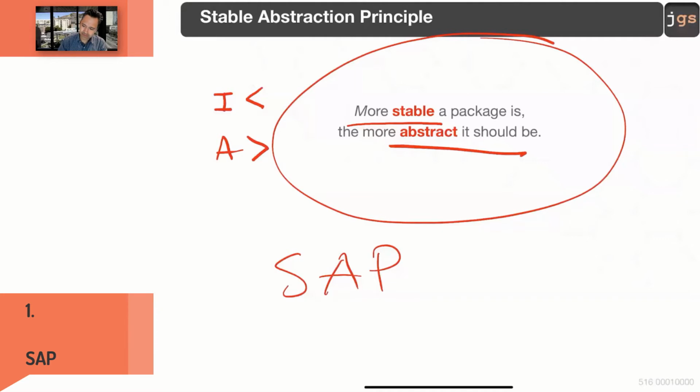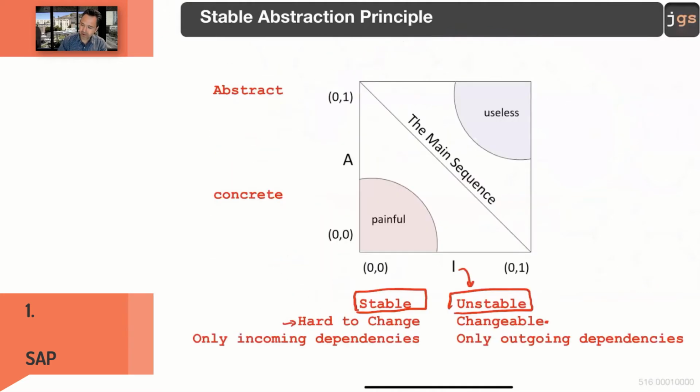Why? Because we want to be on this line. If you have a 1 here, stability should be 0. If you have a 0, stability should be 1. Opposites. Clear.